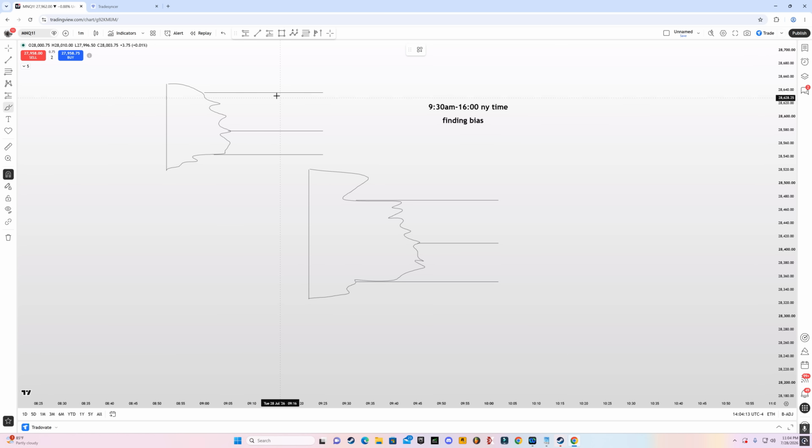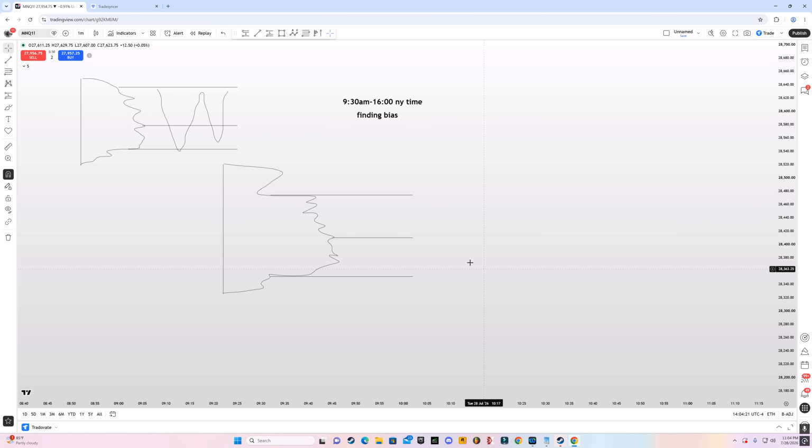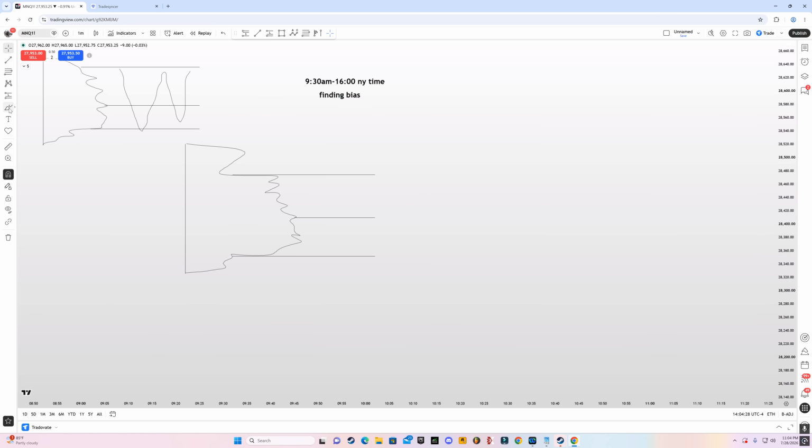So on Monday, we had the value here. On Tuesday, we shifted lower. That means our bias for the third day is going to be bearish. So when you have this, and we also open below the previous day cash session value on the trading day, it can give you very strong conviction that we're going to be bearish for the day. All right.